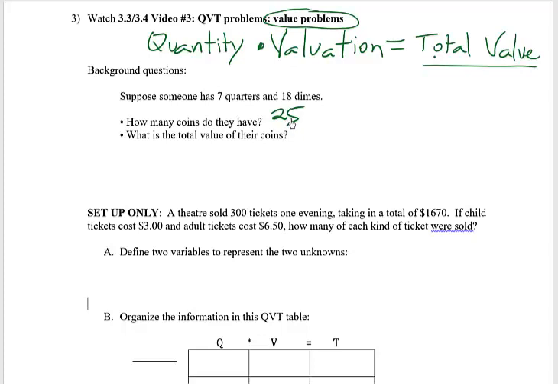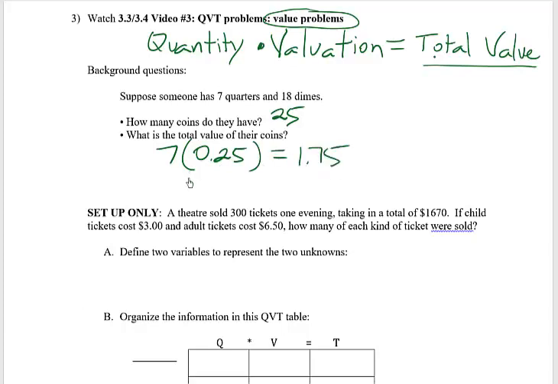How many? On the other hand, if I started asking, but how much money do they have? What's the total value? Well, that's a little bit more complicated, right? Because you have to take those 7 quarters and multiply by the valuation of a quarter, namely 25 cents, which is $1.75.